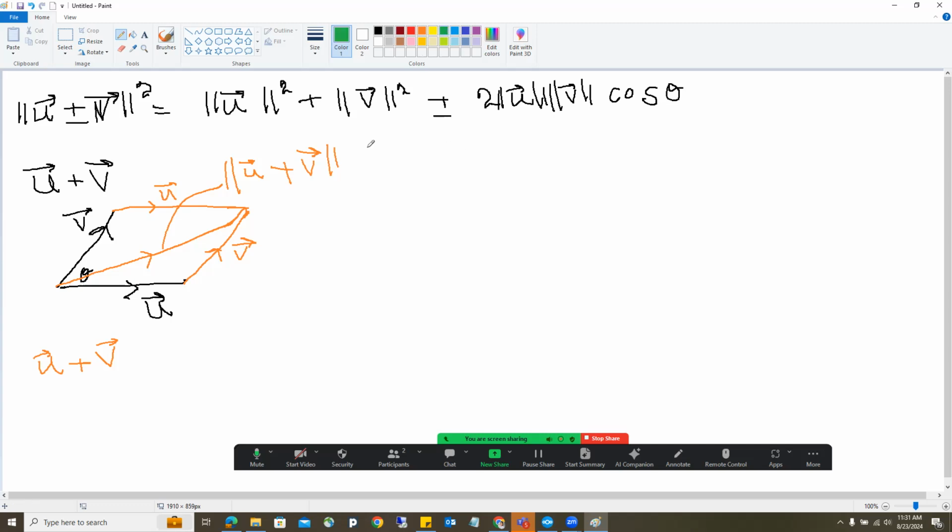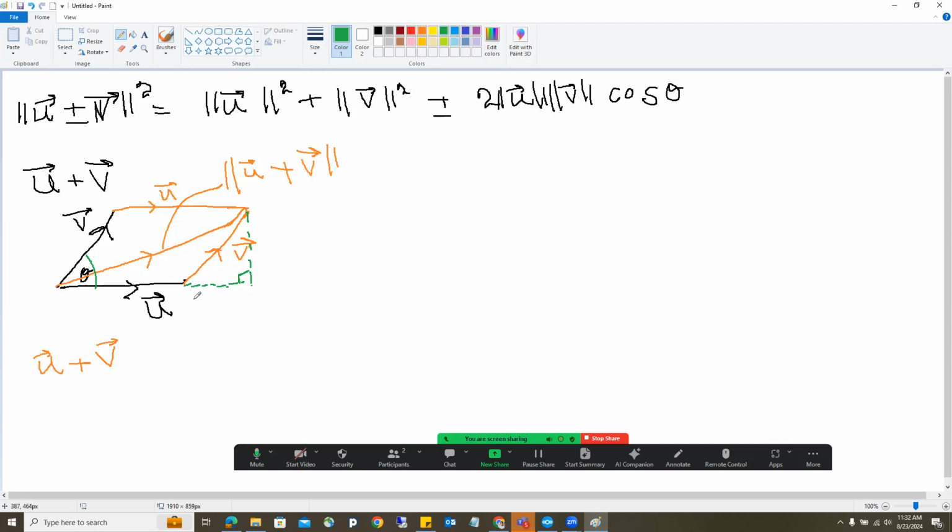Now what will happen? I just make a right angle triangle here. So here we have the 90 degrees.